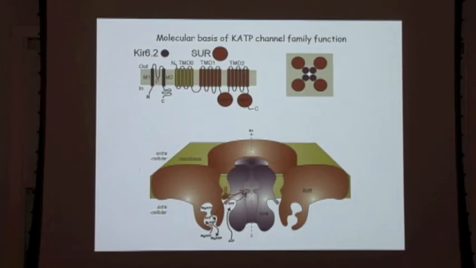If this is one nucleotide binding fold, this is the other nucleotide binding fold, they come together like that. So there are elements from each one that generate one nucleotide binding site here and one here. Of the 2 sites that are generated, one binds magnesium ATP but doesn't do anything with it, it just sits there. The other one binds magnesium ATP and hydrolyzes it.